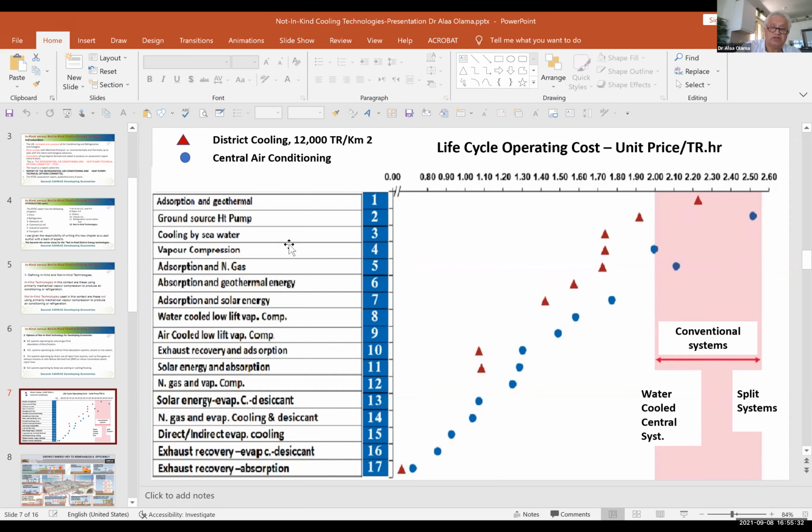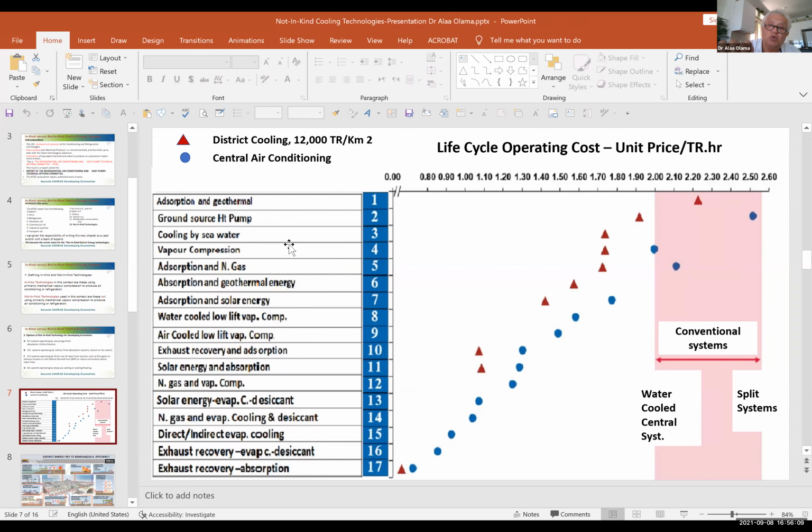In this graph, there are those that you can use for district cooling, which are represented by a red triangle, and those used only for central air conditioning, but not particularly in district cooling. But by using a district cooling system, if you have a large enough capacity, a large enough density of capacity, then you tend to reduce the bank of refrigerant used, which will make it a more efficient technology by definition, because you are using less refrigerant.